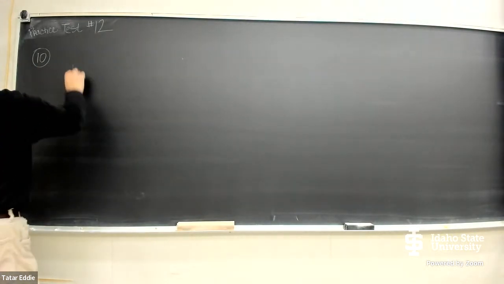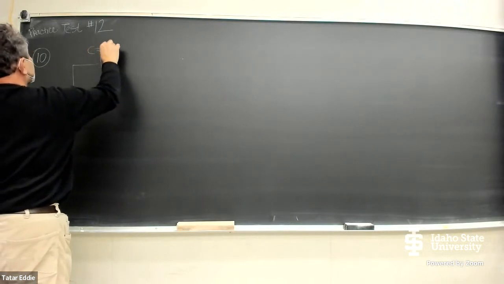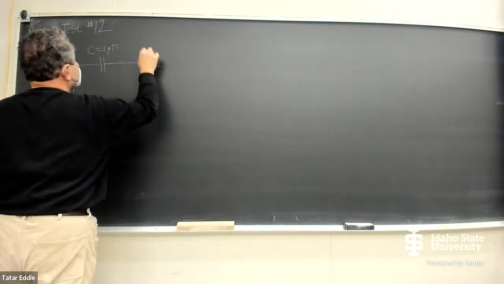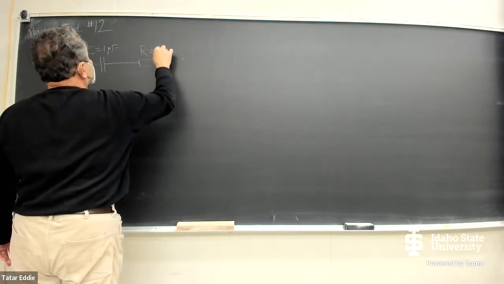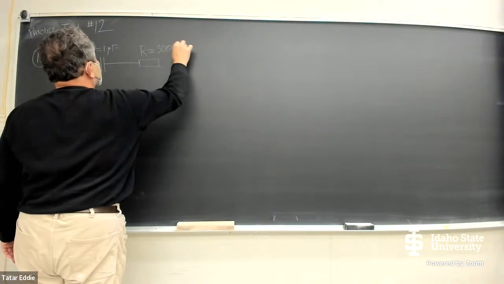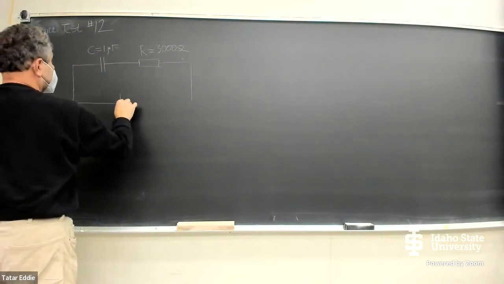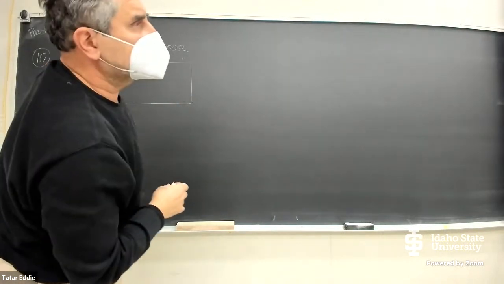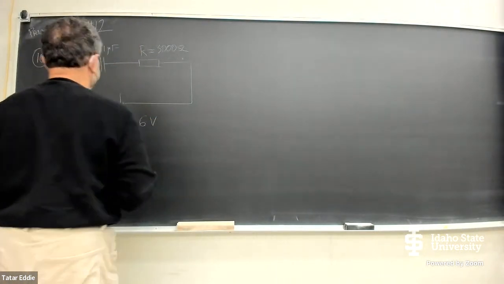So you have the capacitor, C equal to 1 microfarad, and a resistor of R equal to 3000 ohms, and the battery that gives you voltage V equal to 6 volts.